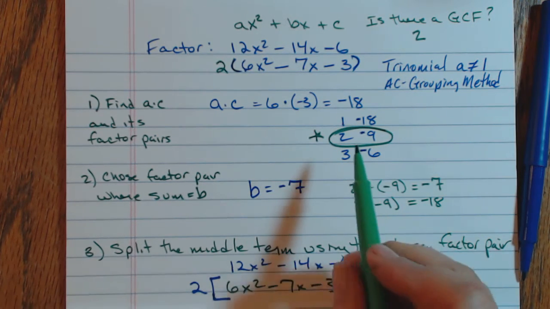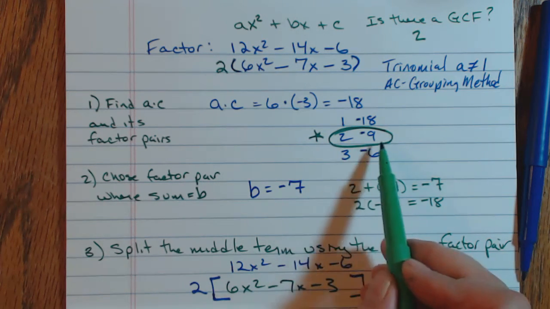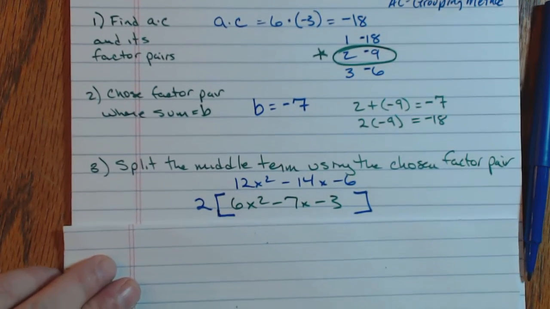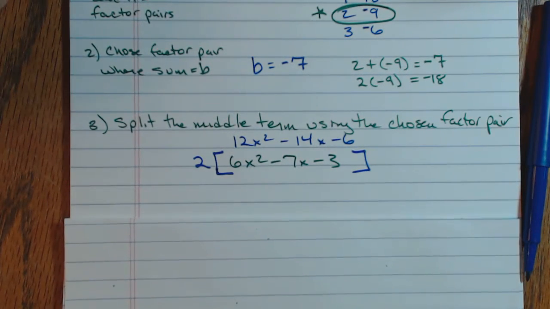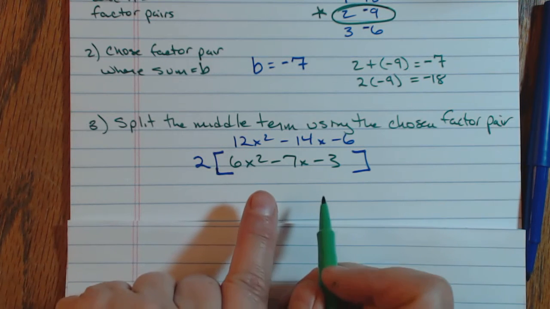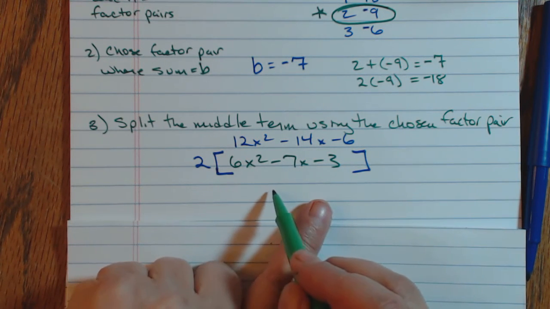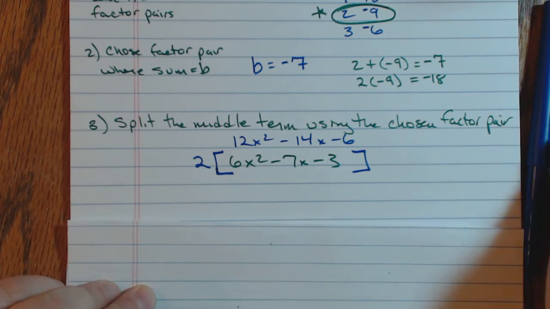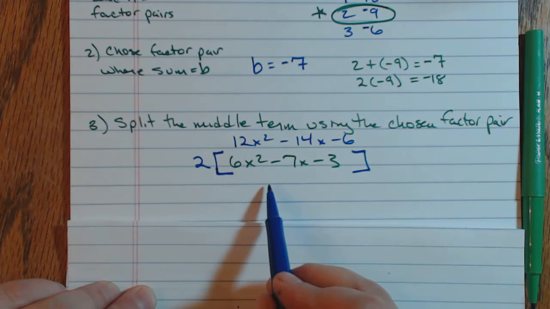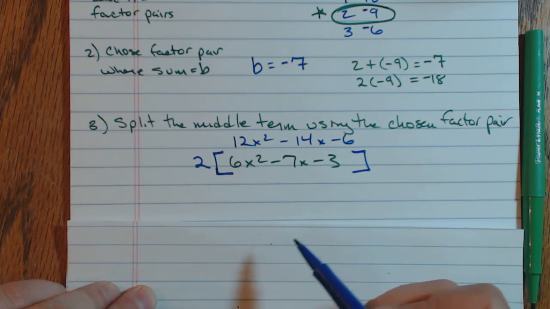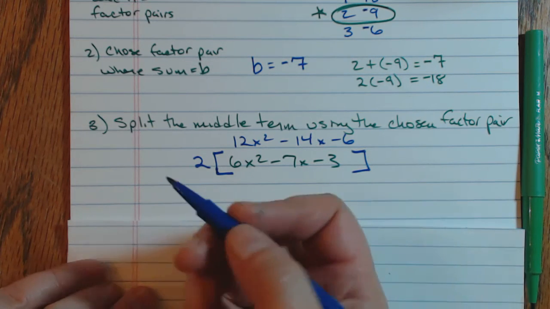So I have determined that I'm going to split that middle term into 2 and negative 9. So when I do that, I can choose either of those two terms first. I could put 2x minus 9x, or I could put the minus 9x plus 2x. When I have a choice, I usually put the negative one first. I think it makes the factoring a little easier, but it doesn't matter. I could put it either direction.